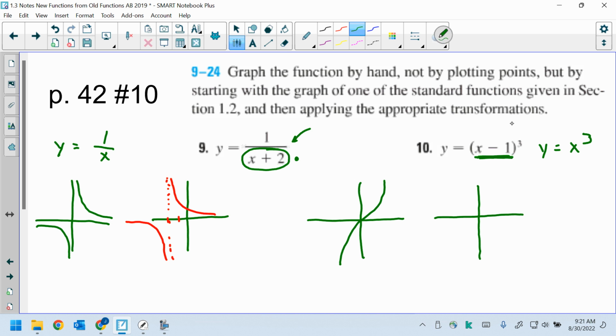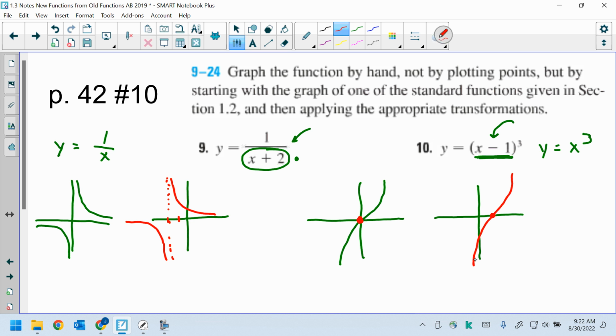And if they happen horizontally, it's the opposite of what I'd expect. I'd expect that to move to the left, but now it's going to move to the right. Instead of this thing coming through 0, 0, we're going to move that over 1. It's going to be right here, and we're going to have the same shape of a graph. It's just going to be moved over 1 to the right.